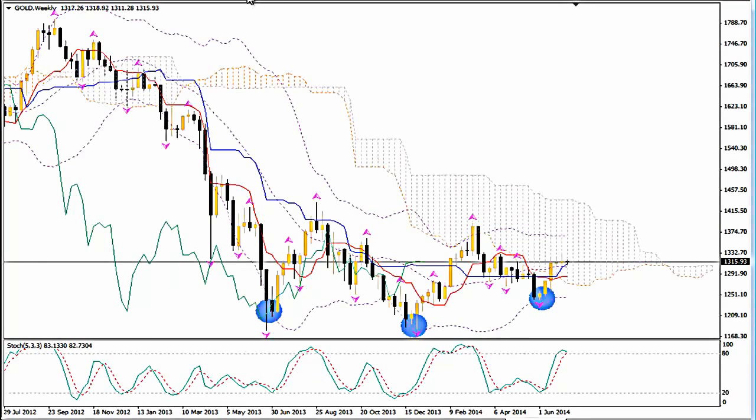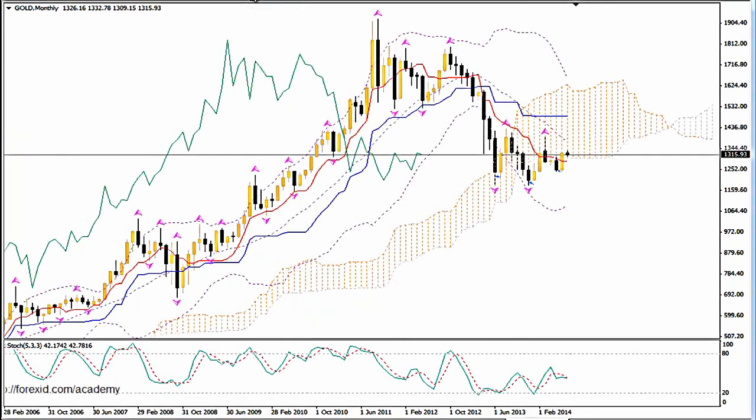So the monthly time frame shows that we had a bullish price Tenkan-sen cross there too.